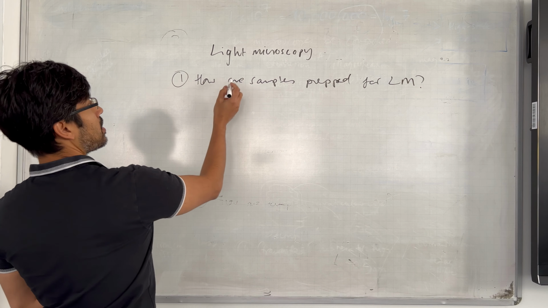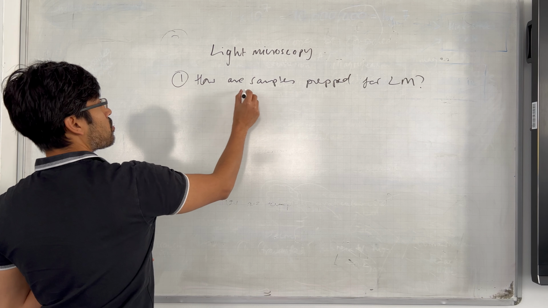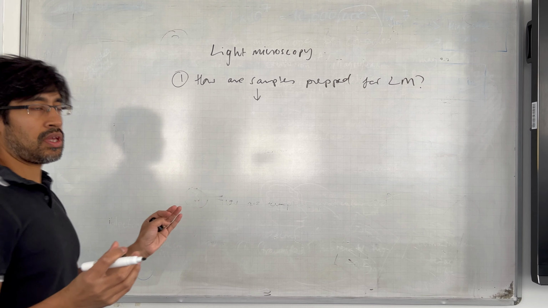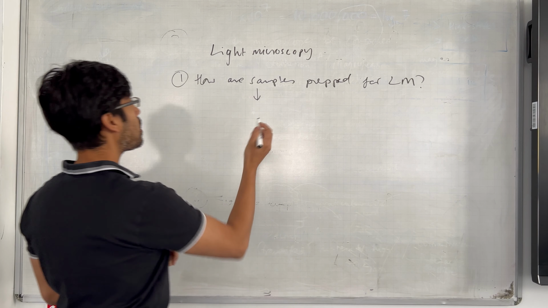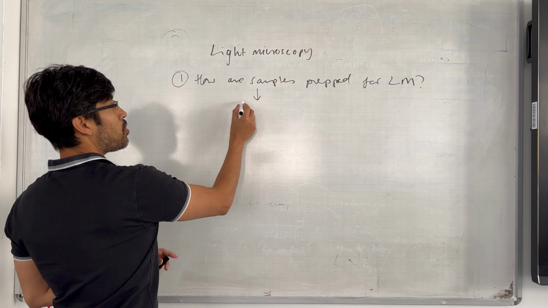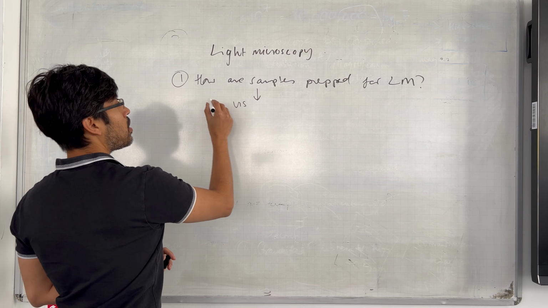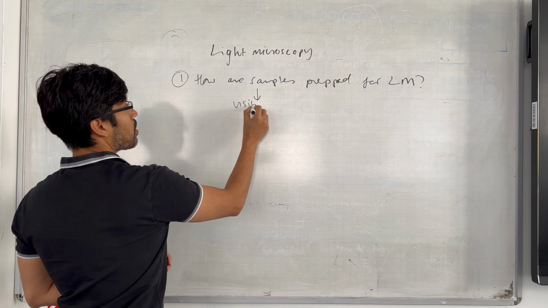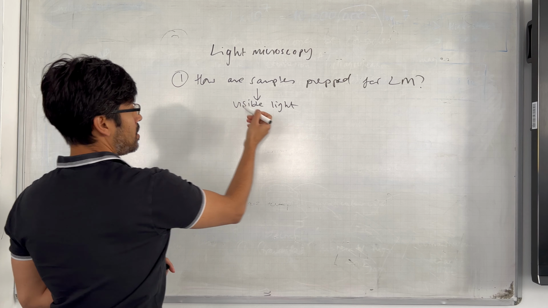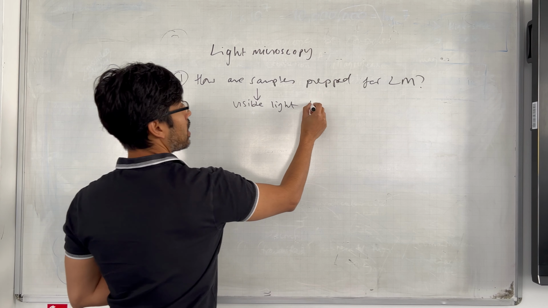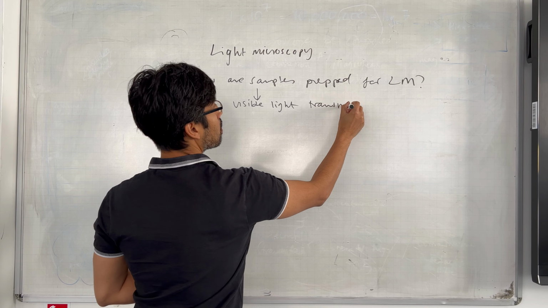And in this case, what we're really thinking of, so the first concept, and it's always like a central concept, and then what does that lead to? Central concept is that because we're using visible light, and this is transmitted, visible light is transmitted.